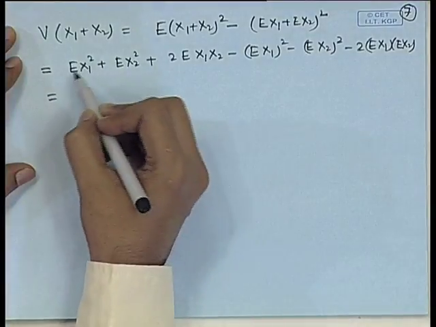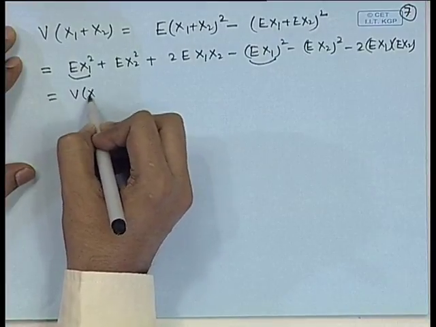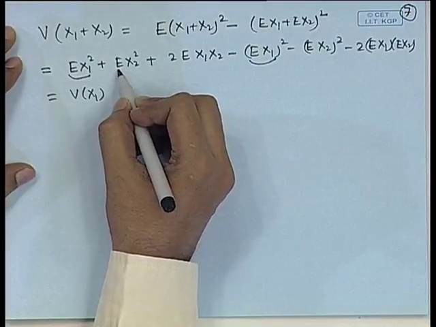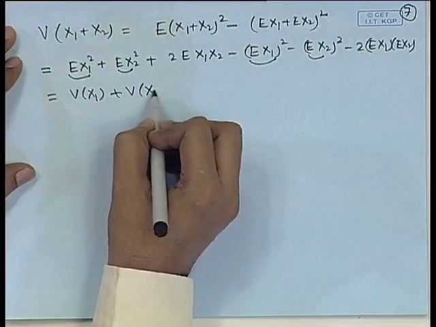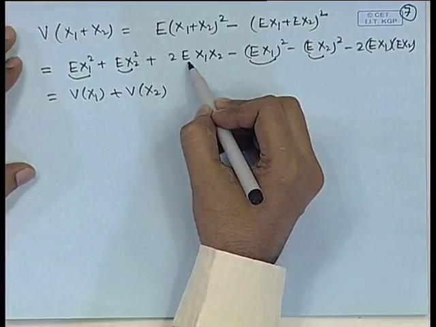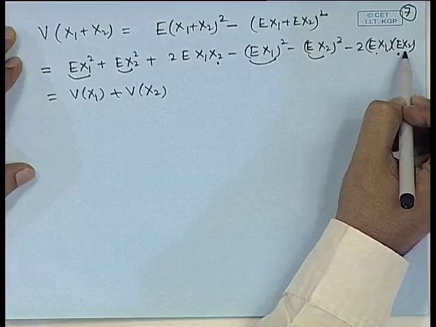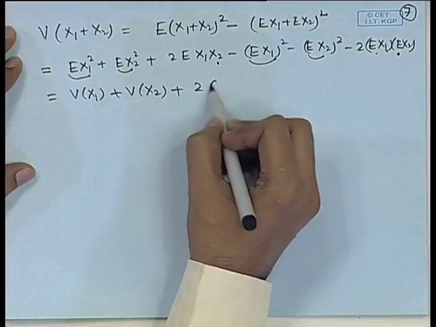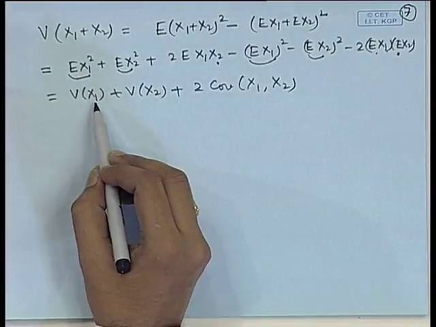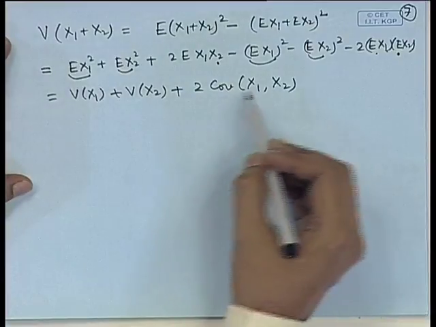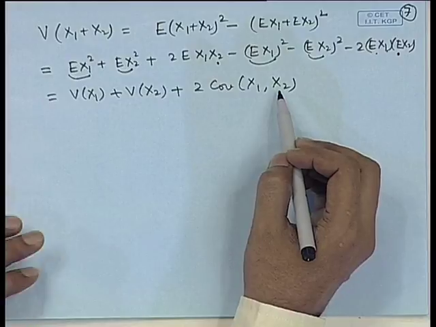If we combine expectation of x 1 square with expectation of x 1 whole square, this is the variance of x 1. In a similar way, expectation of x 2 square can be combined with expectation of x 2 whole square, which leads to the variance of x 2. Now, this cross product term, that is expectation of x 1 x 2 minus expectation of x 1 into expectation of x 2, is nothing but the covariance term. So, the variance of a sum is equal to the sum of the variances plus twice the covariance of x 1 x 2. So, there is an additional term here.